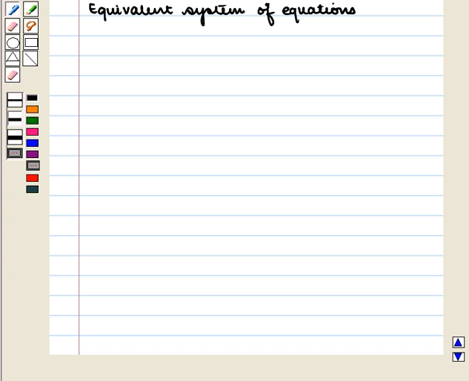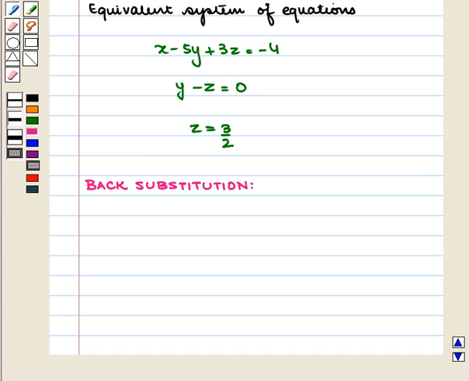Now we write its equivalent system of equations for this reduced augmented matrix. We have x minus 5y plus 3z equal to minus 4, y minus z equal to 0 and z equal to 3 by 2. Now we solve this system of equations using back substitution.